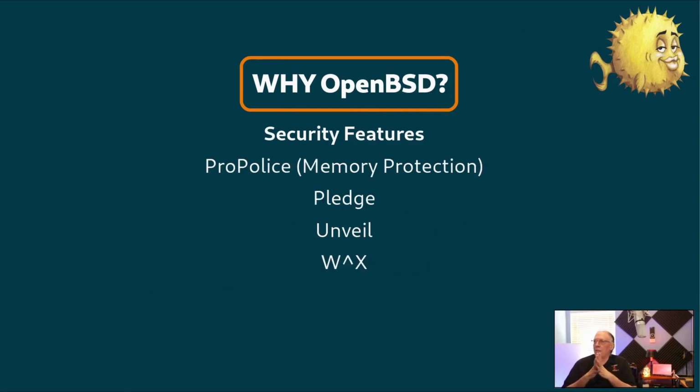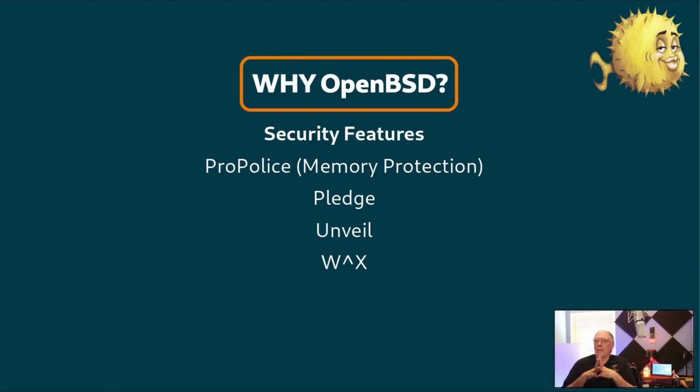Some of the security features, in addition, are ProPolice, which manages the memory protection model for OpenBSD. There's also Pledge and Unveil. There is also write XOR execute. So what does that mean?